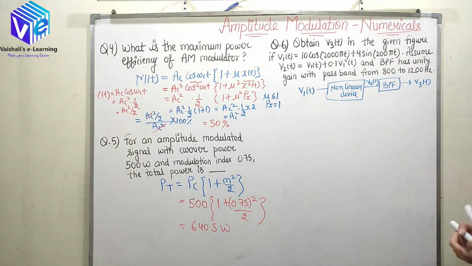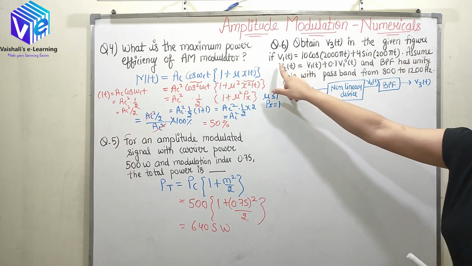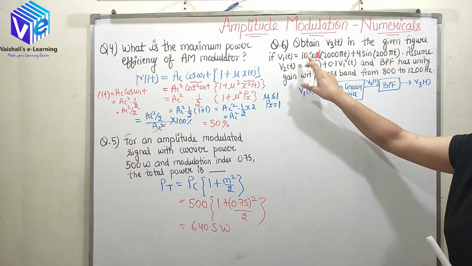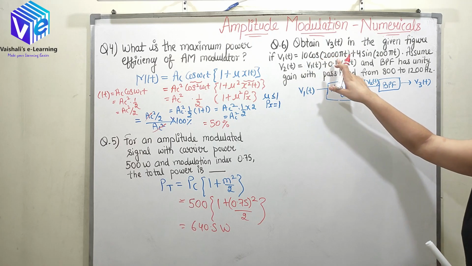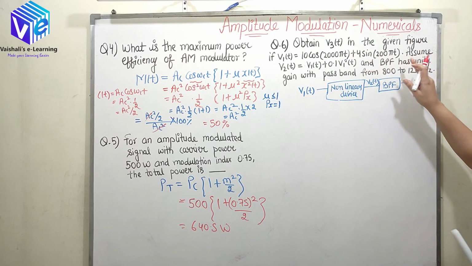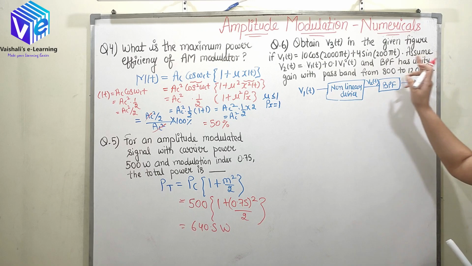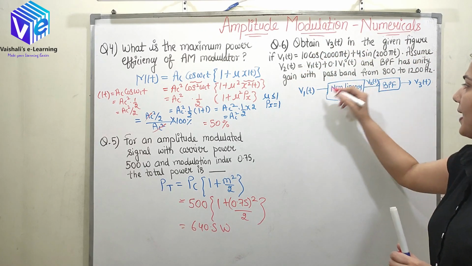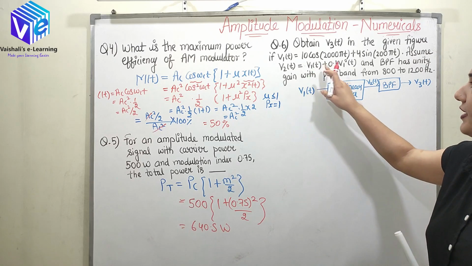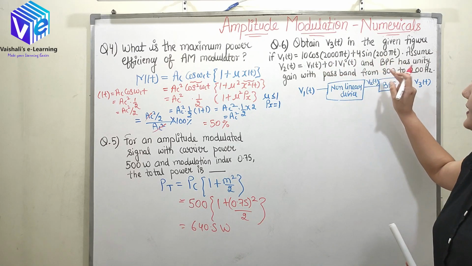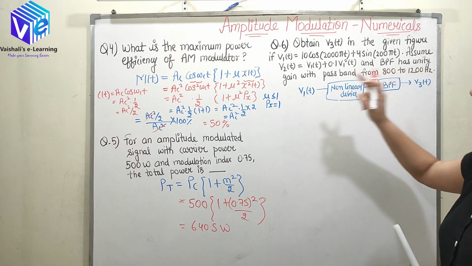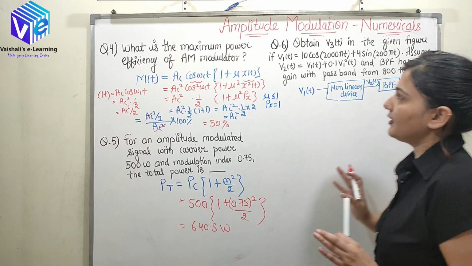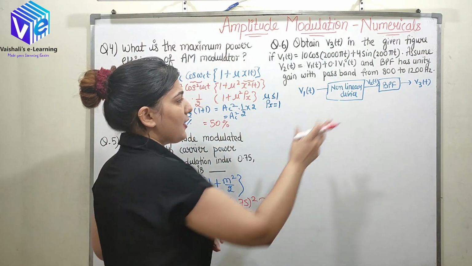In the given figure, I know the value of V1(t), which is 10 cos 2000 pi t plus 4 sin 200 pi t. Assume V2(t) is equal to, so this is the non-linear equation by this non-linear device, V1(t) plus 0.1 V1 square(t), and the band pass filter has unity gain with pass band from 800 to 1200 Hertz.